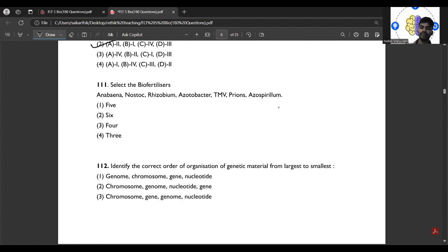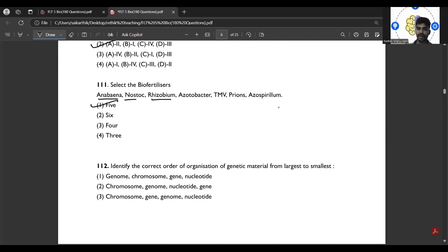So 111 question is select the biofertilizers. Out of all these, some are the biofertilizers. Biofertilizers like Anabaena, Nostoc, Rhizobium, these three, right?